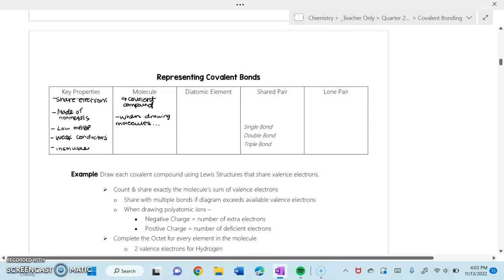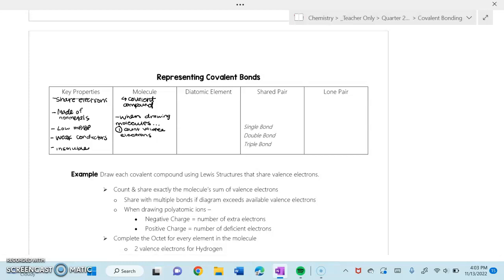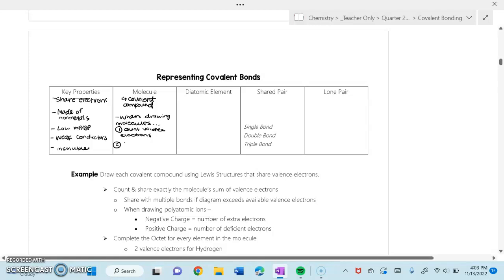And those two rules are to first count the valence electrons and use exactly the sum of the valence electrons in the molecule. So you will find all of the atoms that are participating in the covalent compound, add up their valence electrons, and then you will use them to share to complete the octet. That's our second rule.